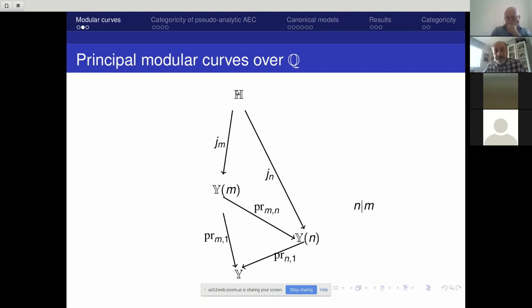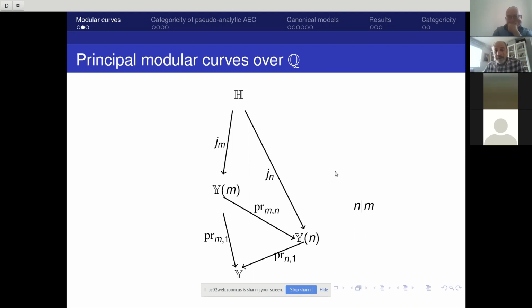This should be seen as a complex manifold, and then you have not exactly a tower, but a net of modular curves with finite order maps between them, and from the top you have holomorphic covers.